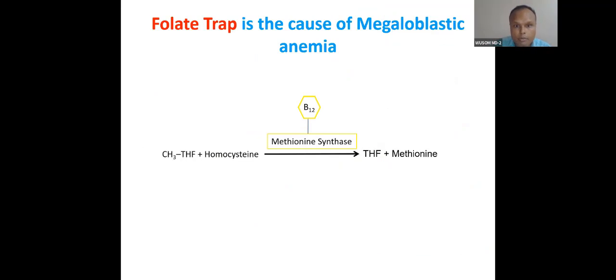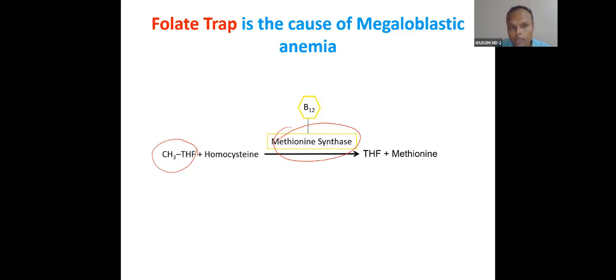Now, the second enzyme is methionine synthase. What does this enzyme do? Methionine synthase will transfer this methyl group from methyl tetrahydrofolate. Methyl tetrahydrofolate is an inactive form.